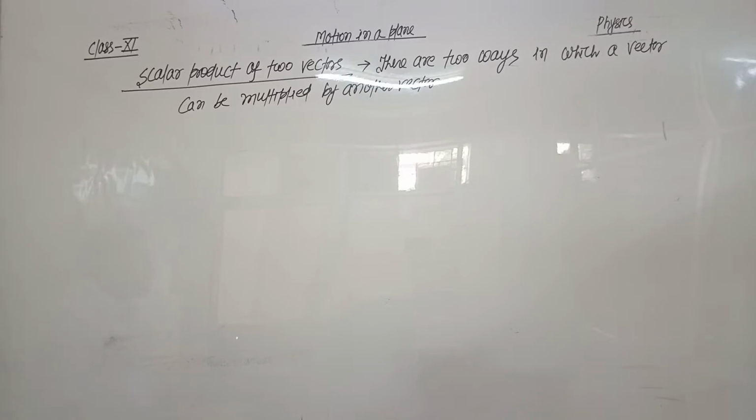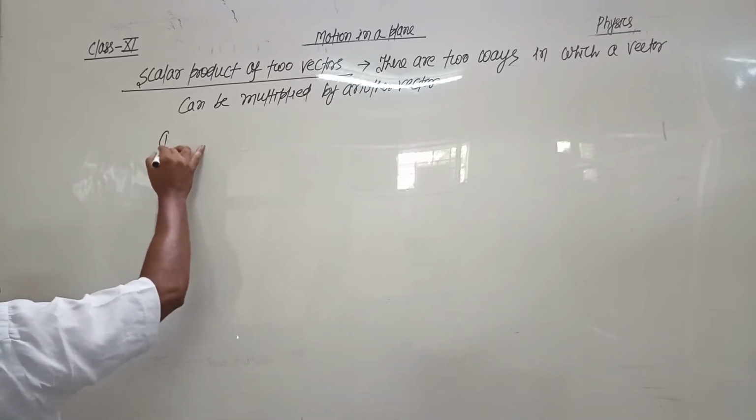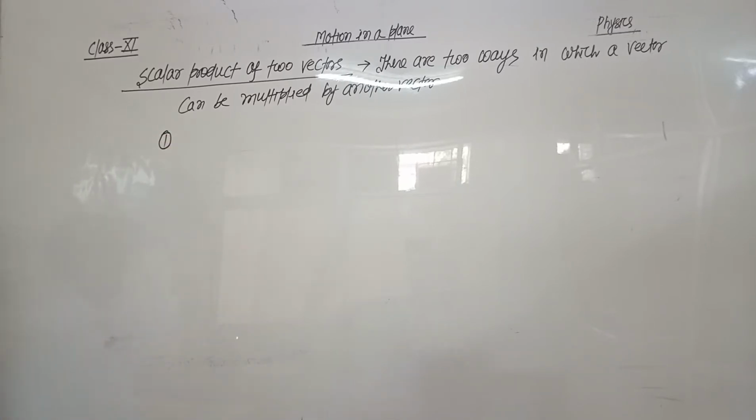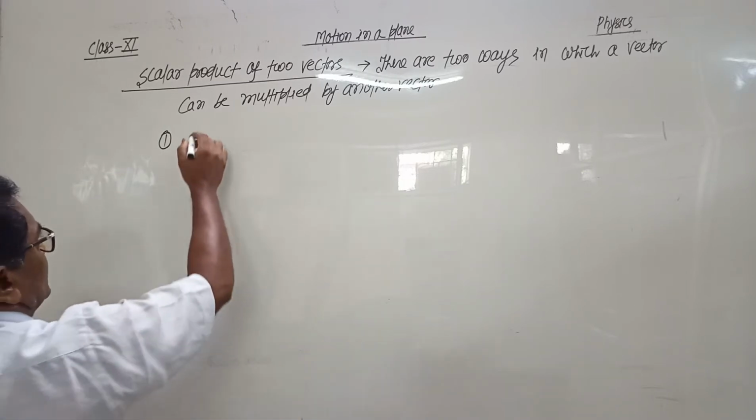One way produces a scalar, and is called a scalar product of two vectors.